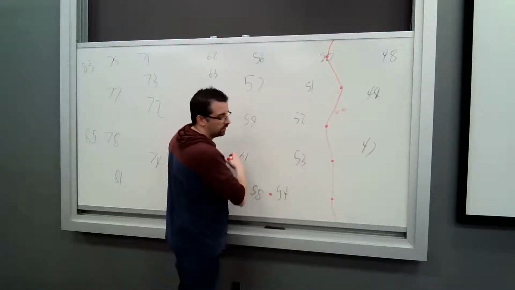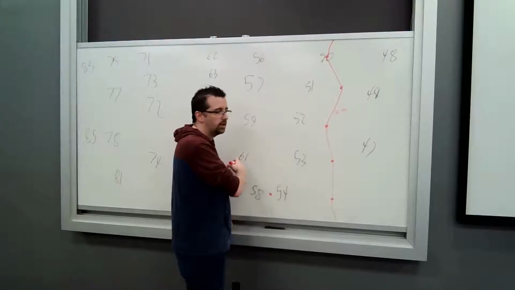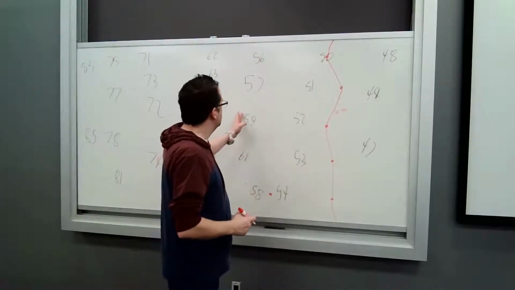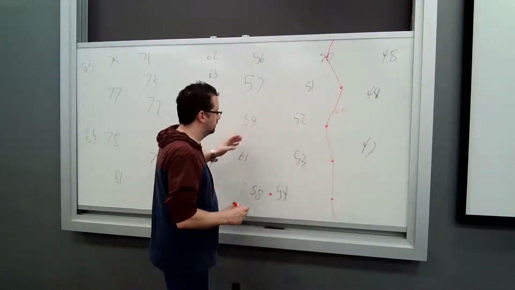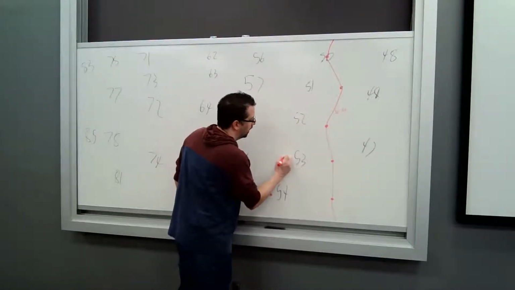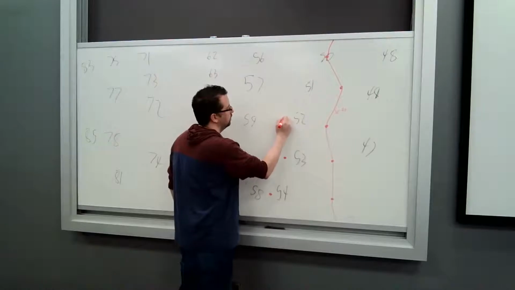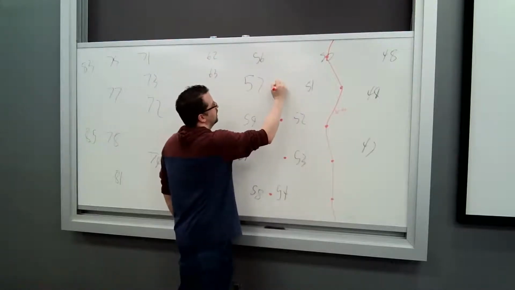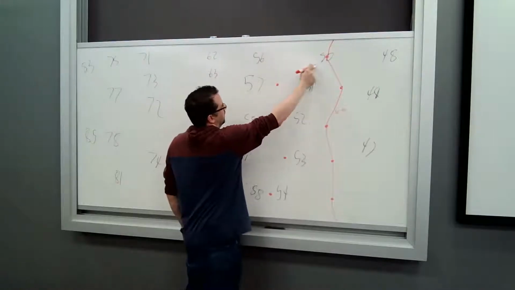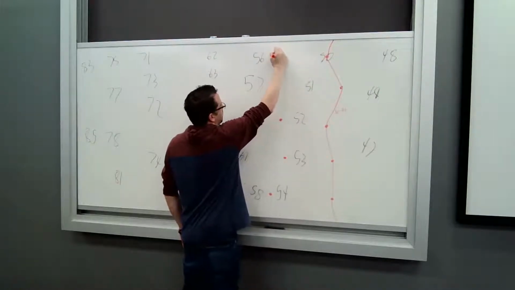61 and 53. Well, obviously that's outside of what we want here, because that isn't in the values between 60 and 55, which is what we're putting together here, right? So put that over here. 59 and 52, somewhere closer to the middle. 57 and 51, somewhere closer to 57. 56 and 50, it's going to be closer to 50.